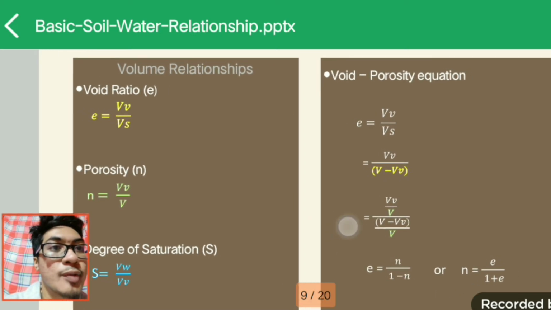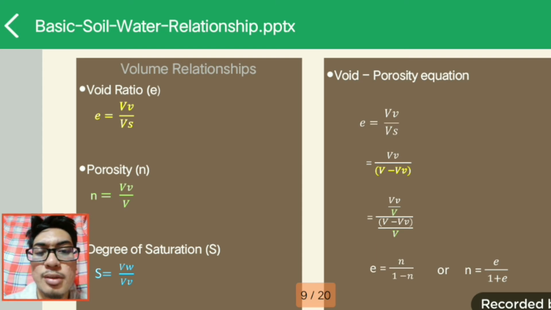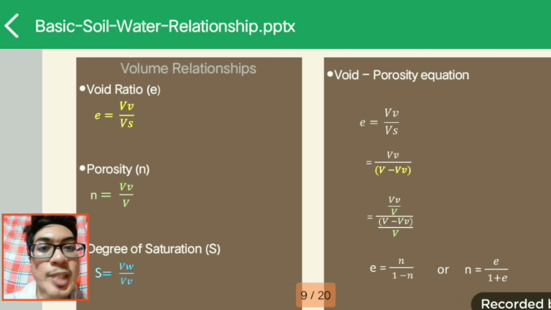And then the void ratio-porosity equation. If you're given either the porosity only or the void ratio, you're going to use this formula. The volume of void, it came from here. By definition, void ratio is volume of void over volume of solid.